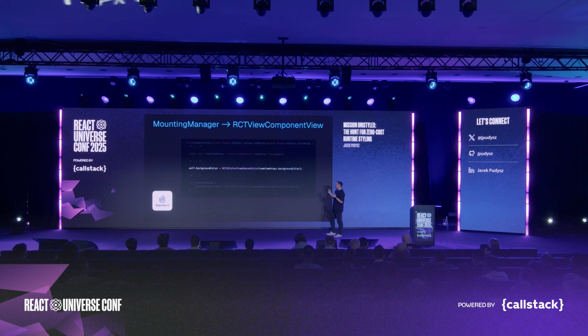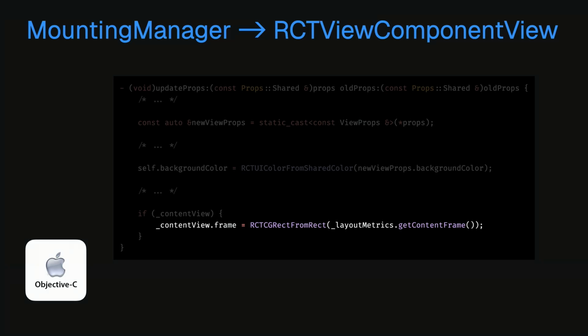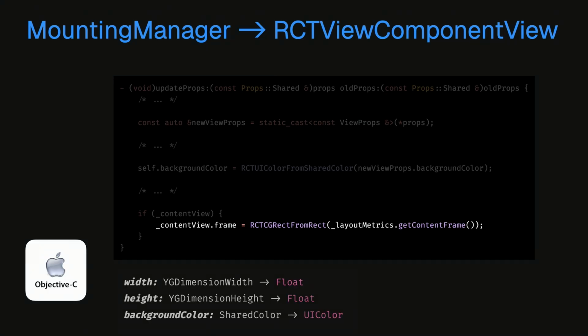And here, at the end, from JavaScript, we will update the background color and dimensions. And again, we cannot do that with shared color or something. We should go from yoga to float, and for background color, from shared color to UI color. So that's all. That's how it works. This is the entire pipeline.